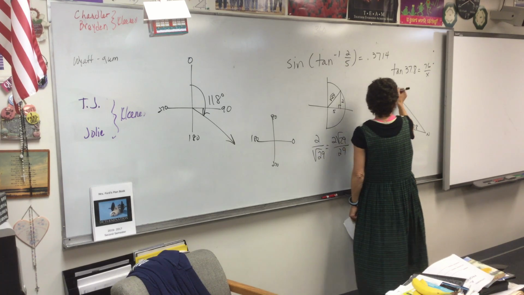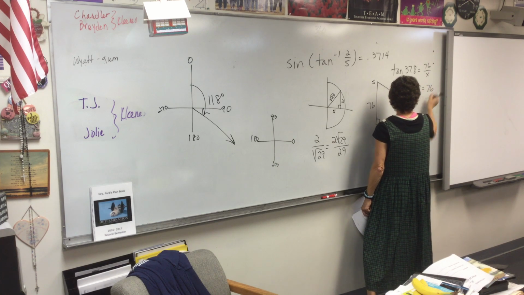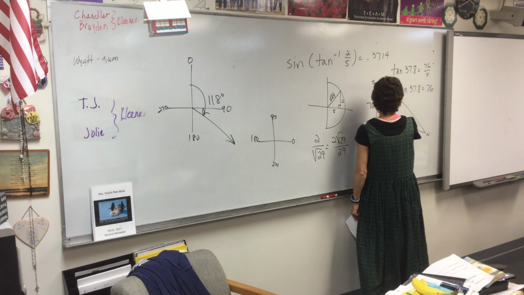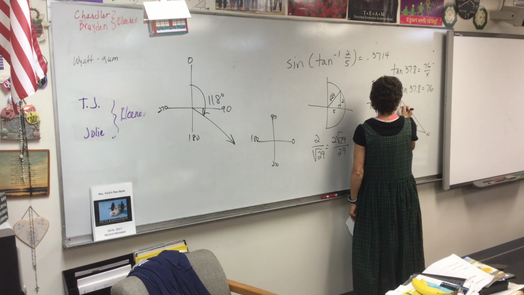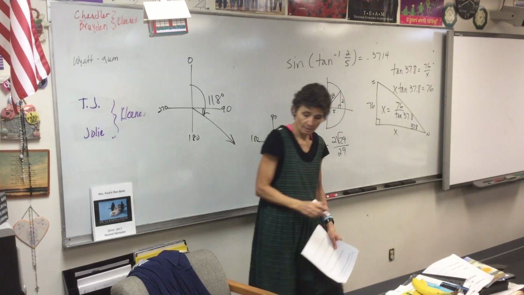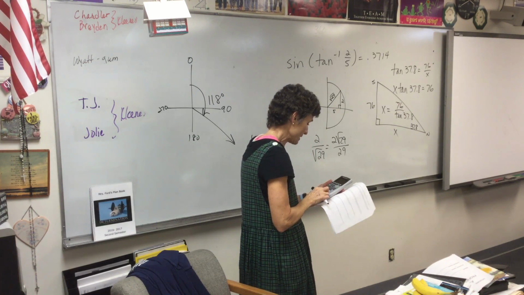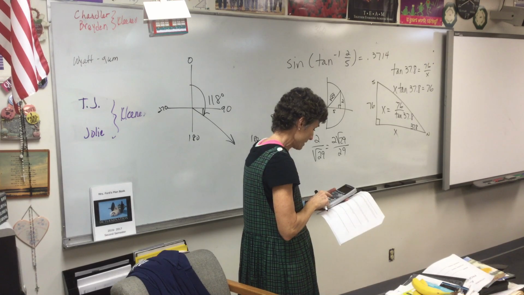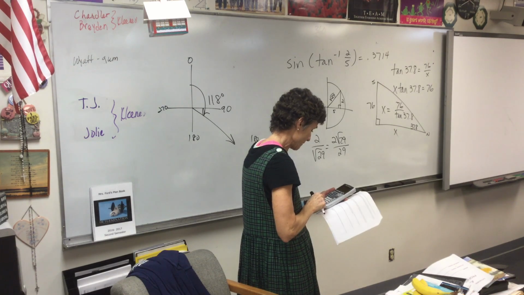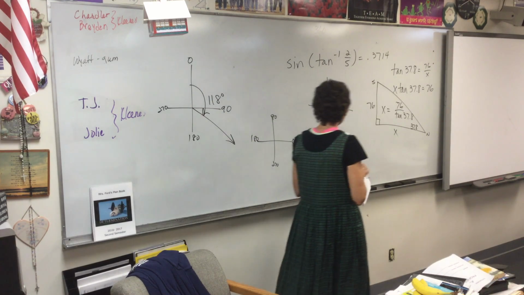So x tan 37.8 equals 76. And x equals 76 over tan 37.8. So we're gonna round to the nearest hundredth. 76 divided by tan 37.8. Did you get 97.98?